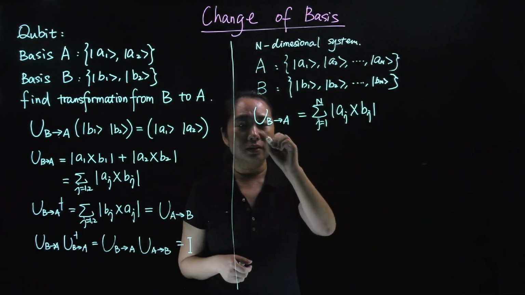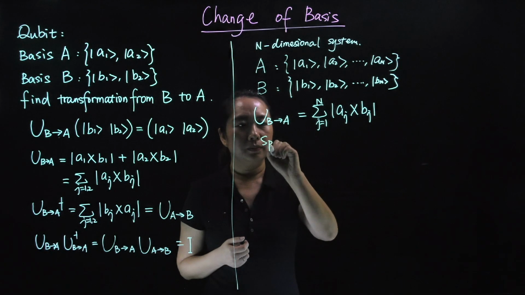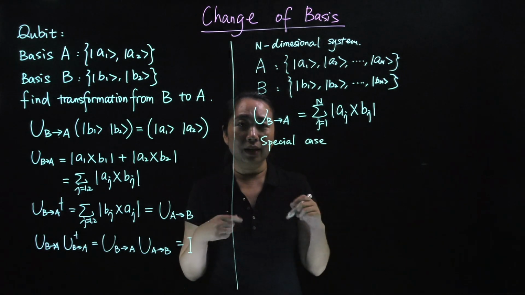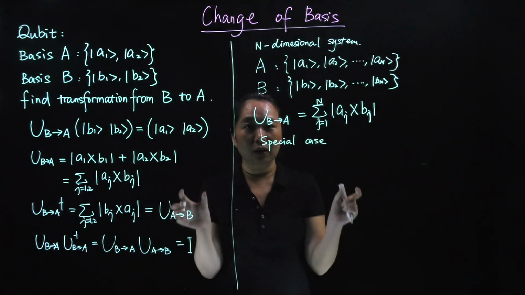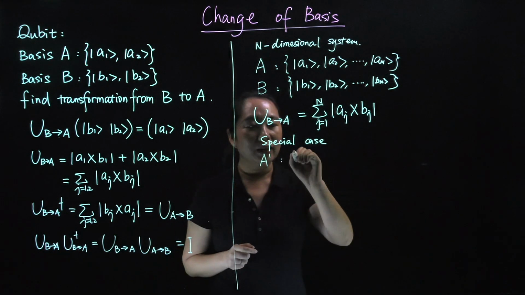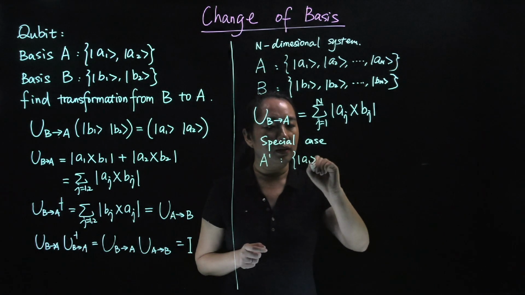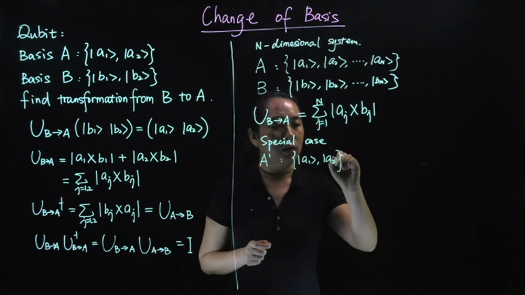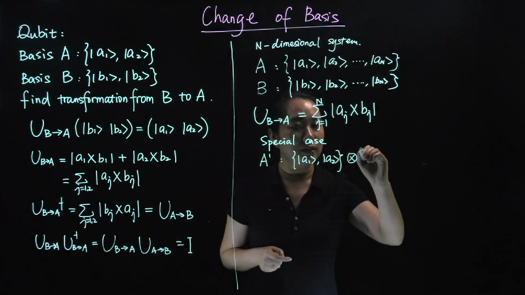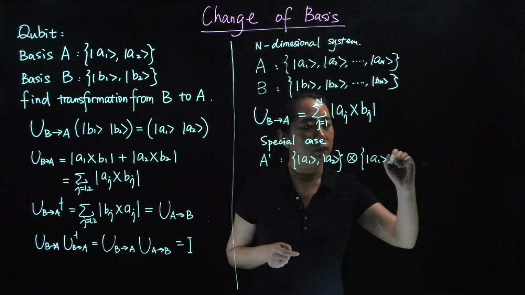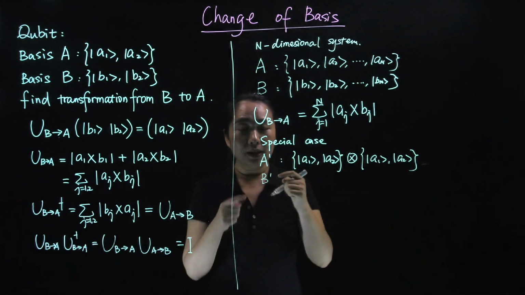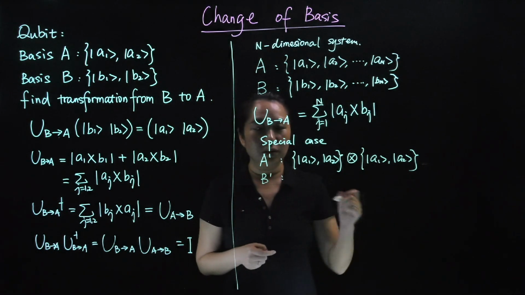In the special case of a 2-qubit system, if we have two bases that can be written as tensor product of the subsystems, that is to say we have a basis A prime that can be written as their state in the first qubit, tensor the state in the second qubit. And similarly, we can have a basis B prime that also has this tensor product structure.